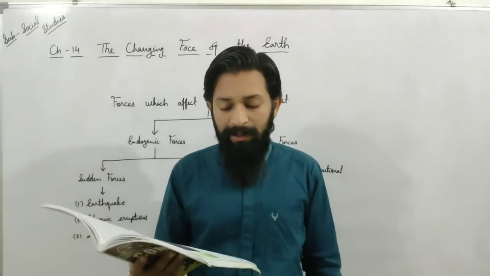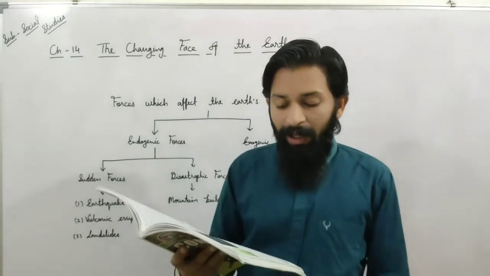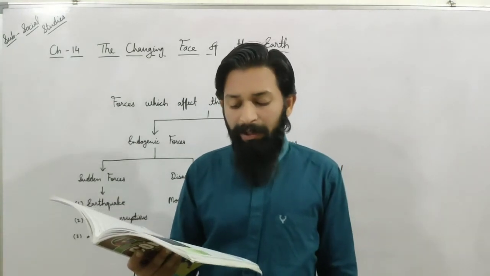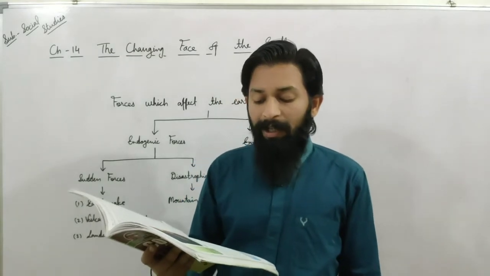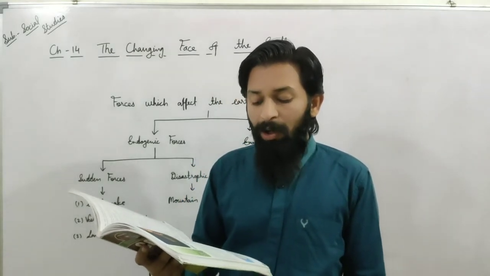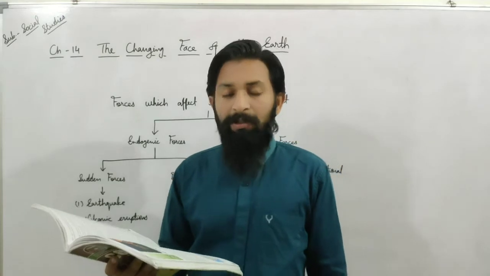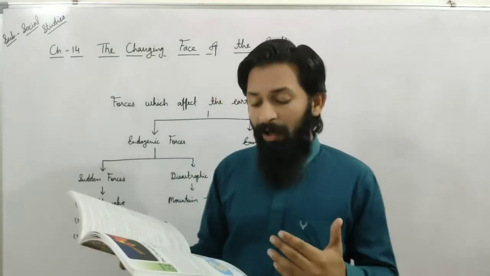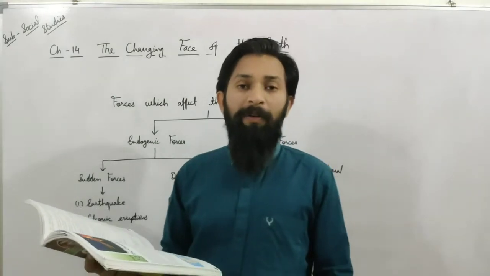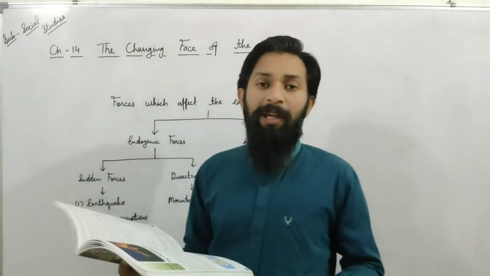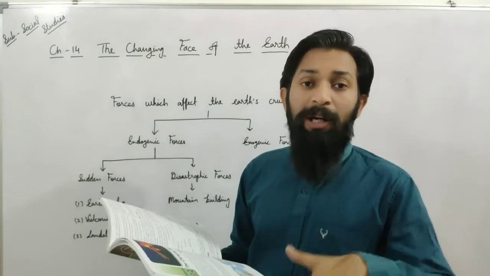In this chapter you will study the factors that bring changes on the surface of the earth. Many scientists have put forward theories to explain the dynamic nature of the earth, because they want to know how those changes take place inside and outside of the earth.